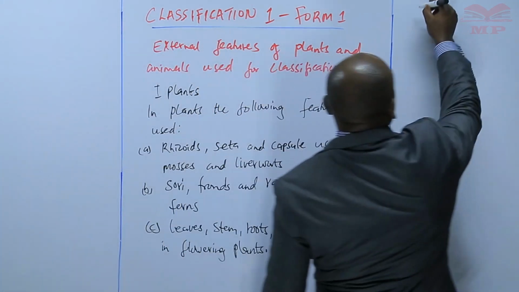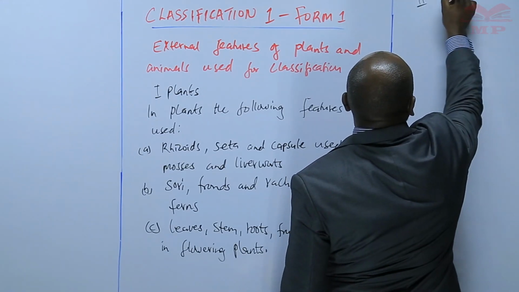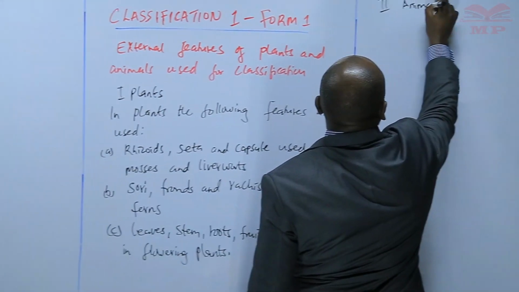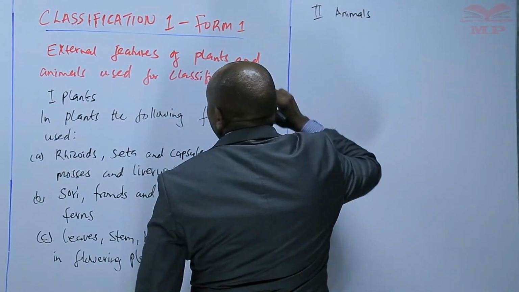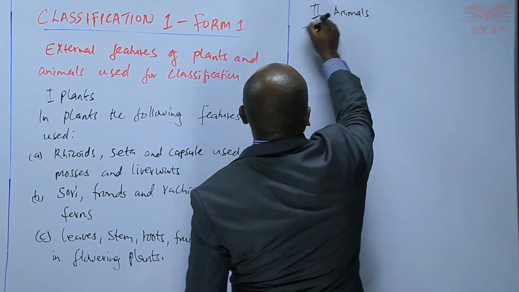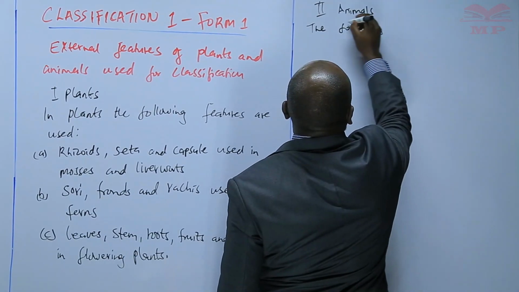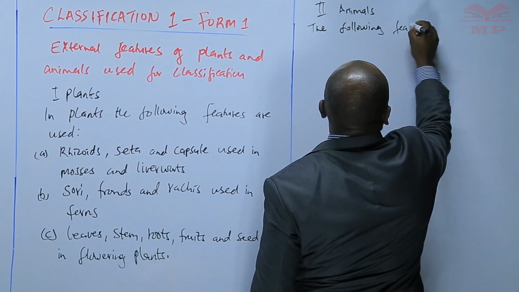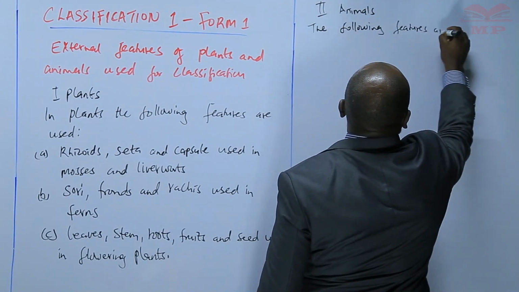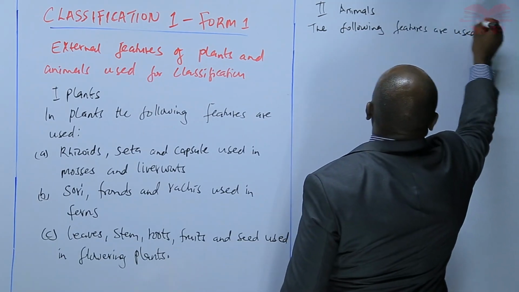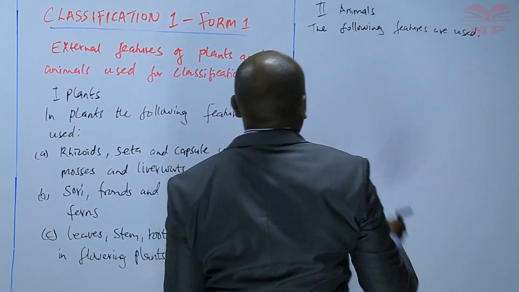Let's also look at which structures we use in animals. In animals, the following features are used in classification.